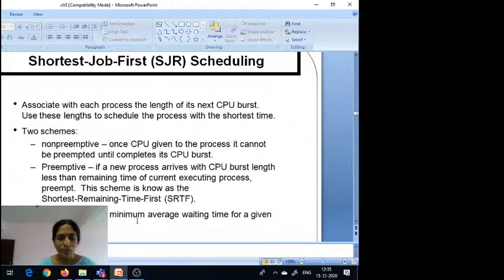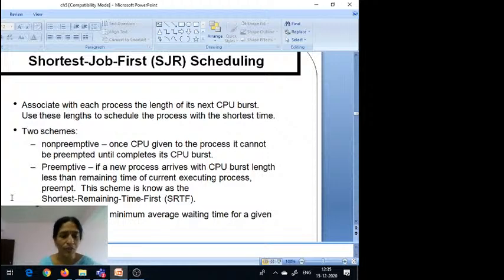For example, suppose P1 is one process, and its burst time is 10 milliseconds. After completion of 5 milliseconds, one process arrives into the ready queue, and its burst time is only 4 milliseconds. So how much time is left out of 10 milliseconds?